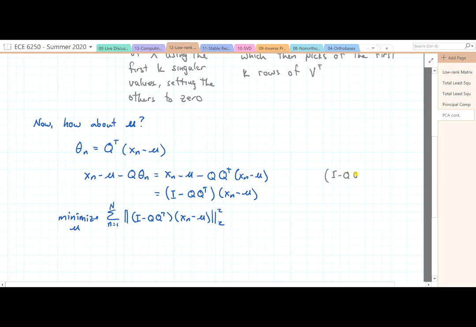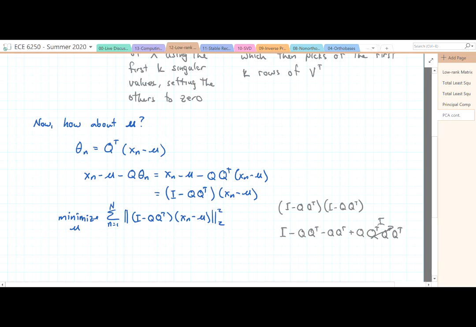(I minus Q Q transpose) times (I minus Q Q transpose) is equal to I minus Q Q transpose minus Q Q transpose plus Q Q transpose Q Q transpose, and Q transpose Q is I. So this last term is Q Q transpose.